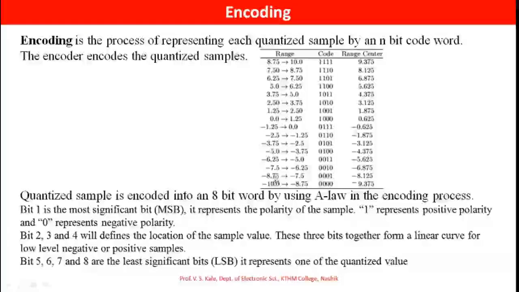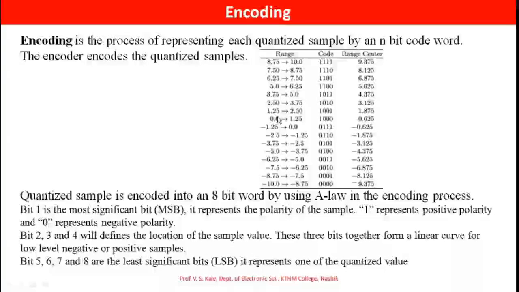Second zone is minus 8.75 to minus 7.5, midpoint is minus 8.125. That is the center value. Similarly, the last one is 8.75 to 10 volt. Its center value is 9.375.